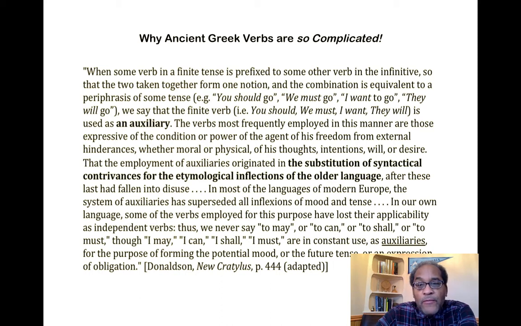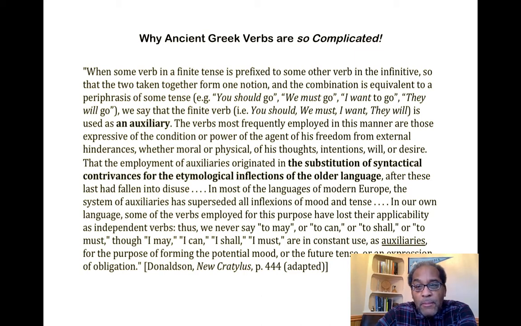The verbs most frequently employed in this manner are those expressive of the condition or power of the agent, of his freedom from external hindrances, whether moral or physical, of his thoughts, intentions, will, or desire. That the employment of auxiliaries originated in the substitution of syntactical contrivances for the etymological inflections of the older language after these have fallen into disuse.